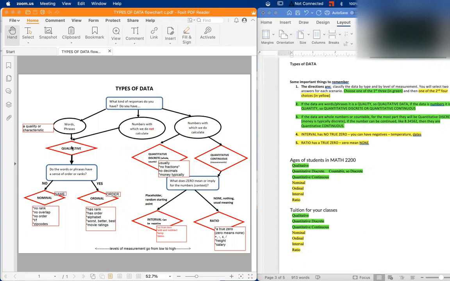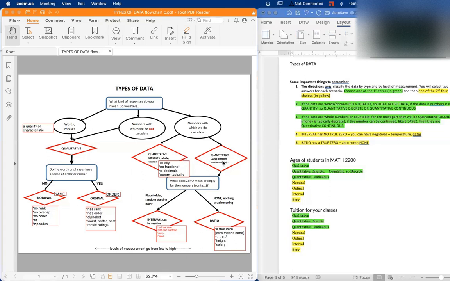Qualitative means that we have some type of quality, typically words and phrases. Quantitative means we have a quantity, which indicates usually numbers and numbers that we calculate with.